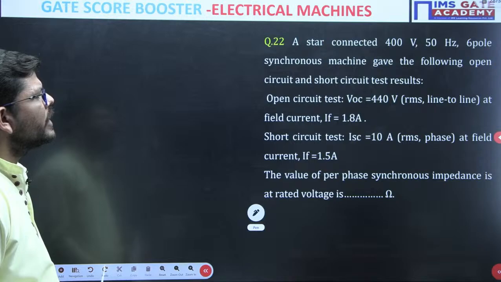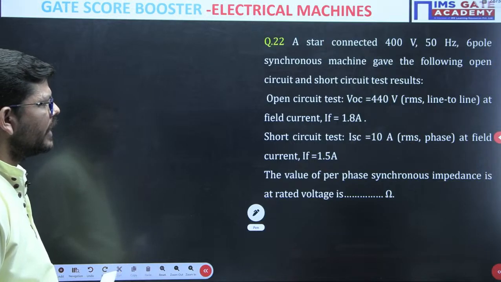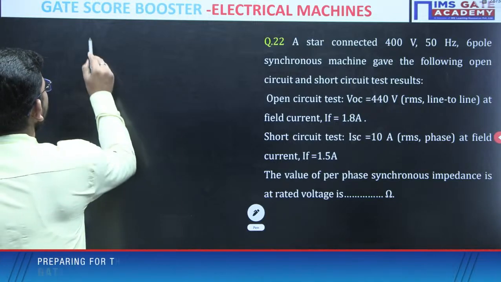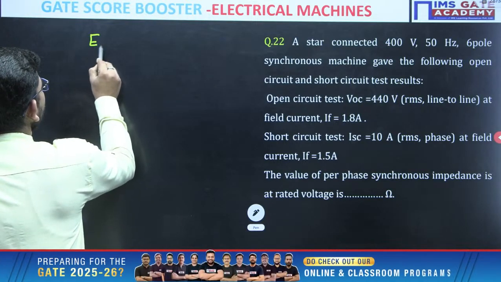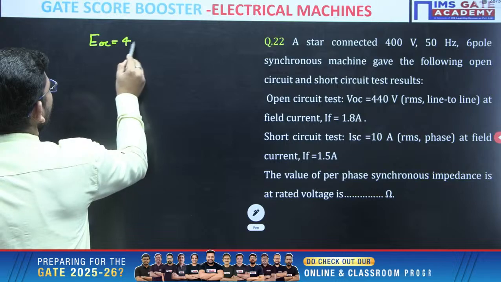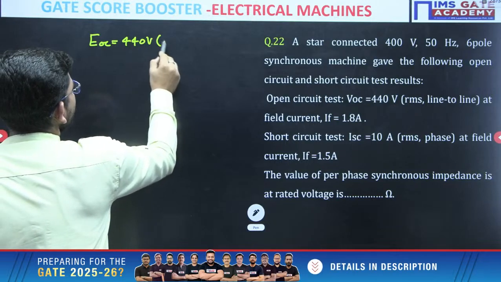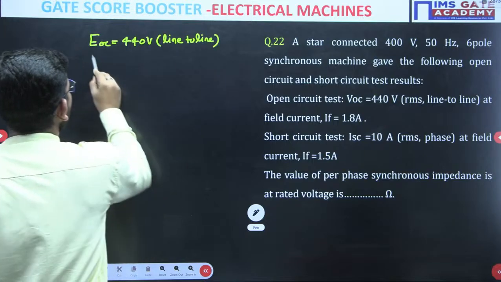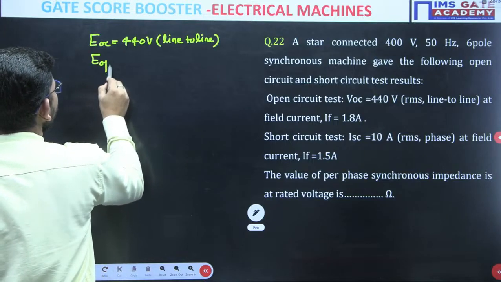Open circuit voltage is 440 line to line at a field current of 1.8 ampere. So open circuit voltage is 440 volt, and this is line to line. What will be the open circuit phase voltage?